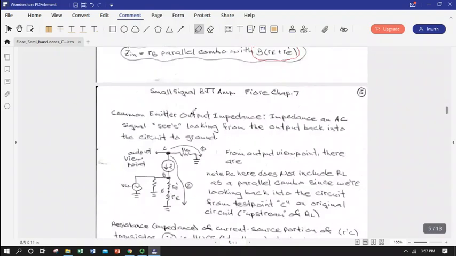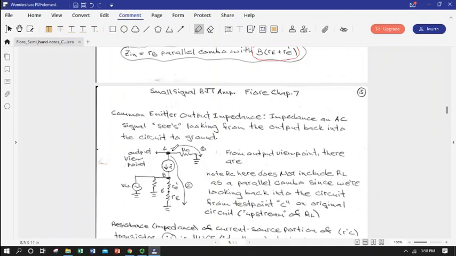Okay, so now let's look back into the circuit from the standpoint of the output impedance and define a Z out, because remember we kind of want that to be small. So we're going to look at the impedance to an AC signal looking in from the output. The output is of course kind of at the collector point.